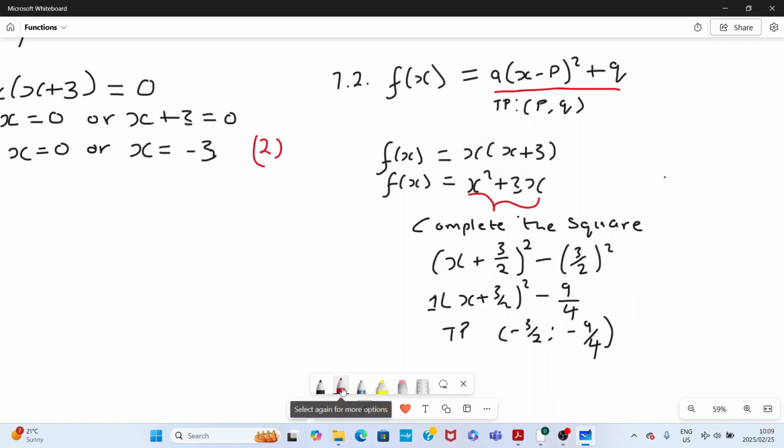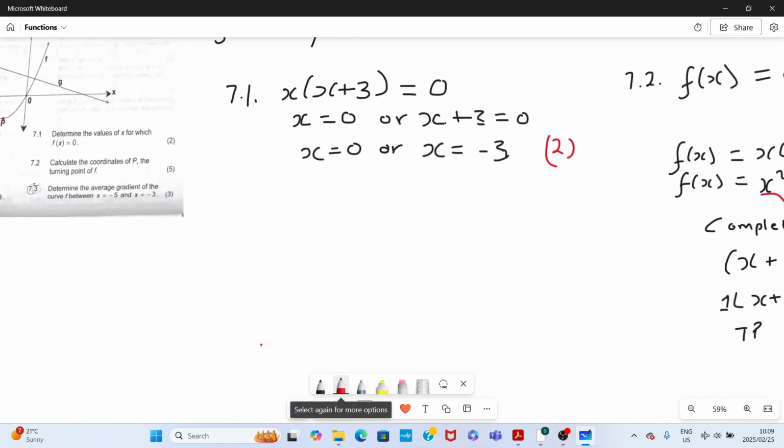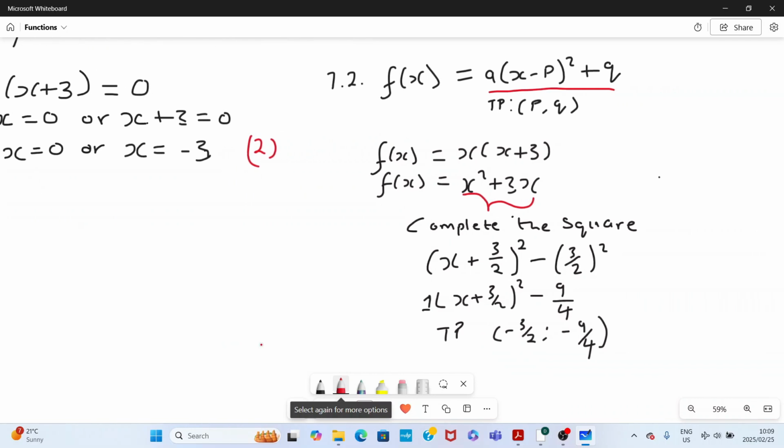That's it. You get your, how many marks was this? That was 5 marks. You get your 5 marks. Do you see how easy that was? Just by knowing how to complete the square. If you are doubting this or if you've never seen this method of completing the square, you can just check this. If you expand these brackets, you'll notice that you get back to this f of x that we had here.